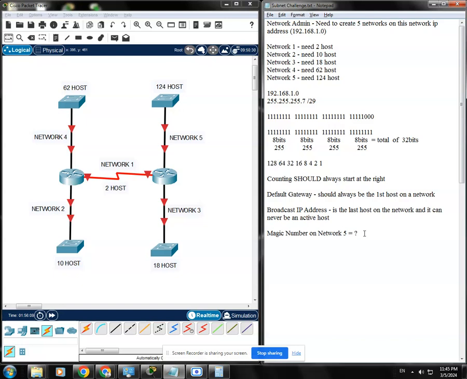The magic number on network 5 will then be 128. Now let's input the IP address that the network admin wants us to use, which is 192.168.1.0.